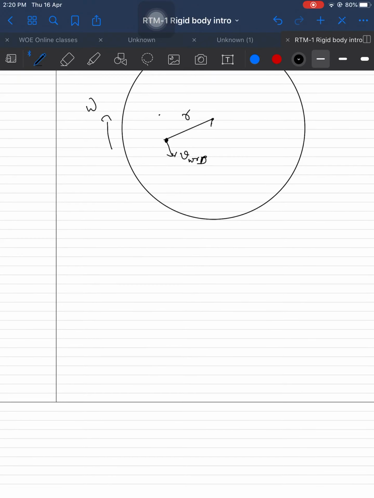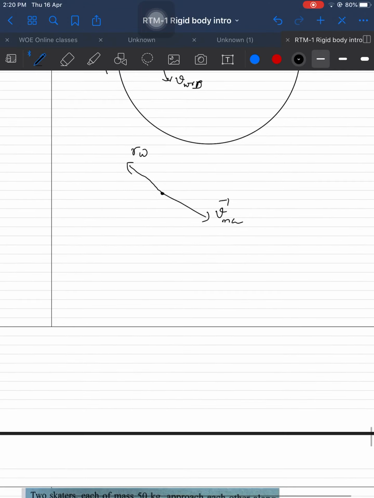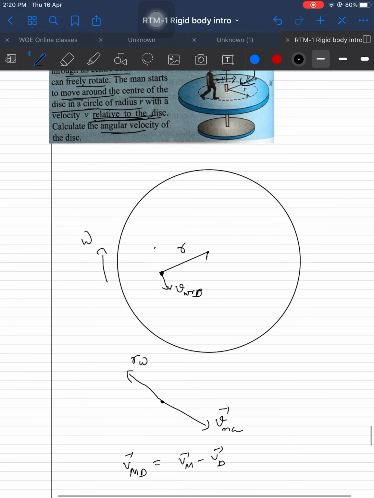Let me draw the free body diagram of the man carefully. The man is moving with velocity v, and the velocity due to the disk is r omega. Say this is the man's velocity with respect to the ground. The man's velocity with respect to the disk is equal to the velocity of man minus velocity of disk.